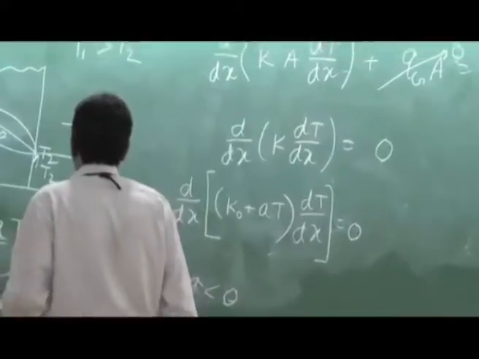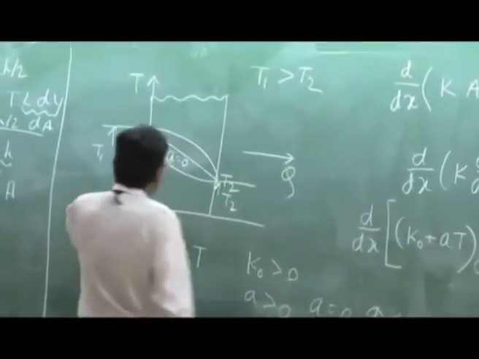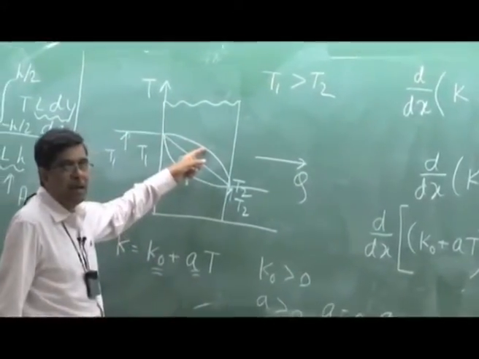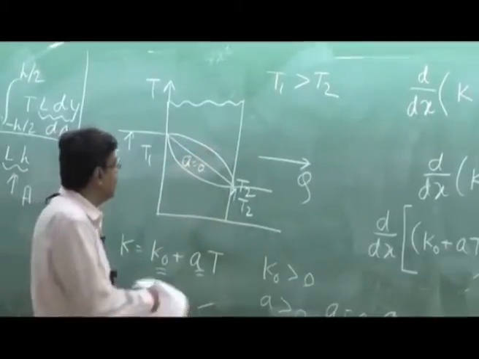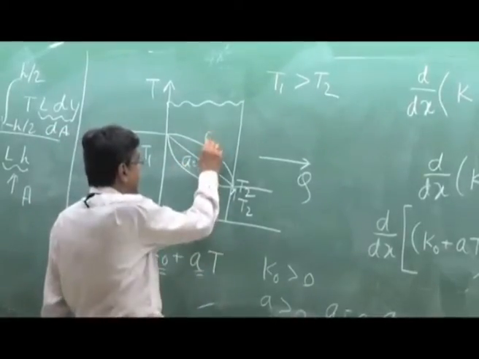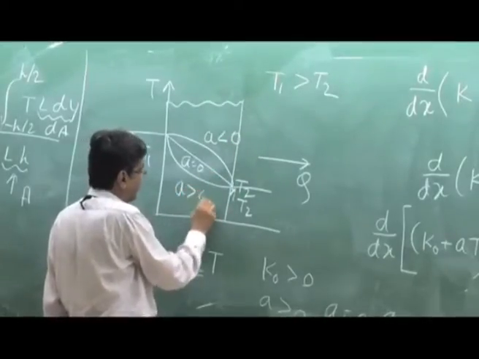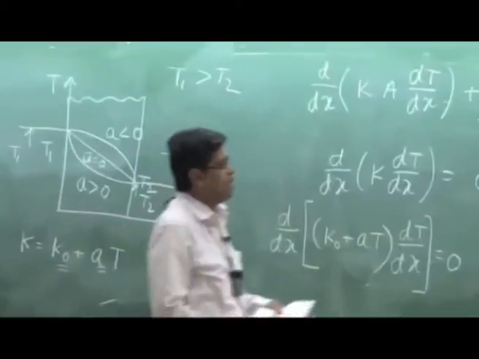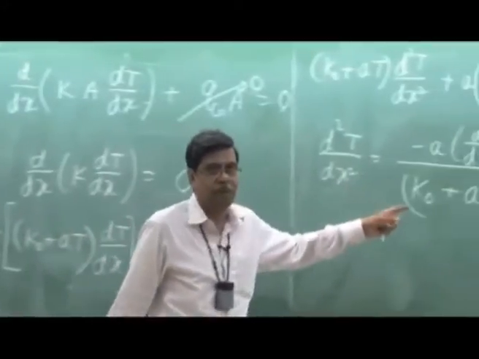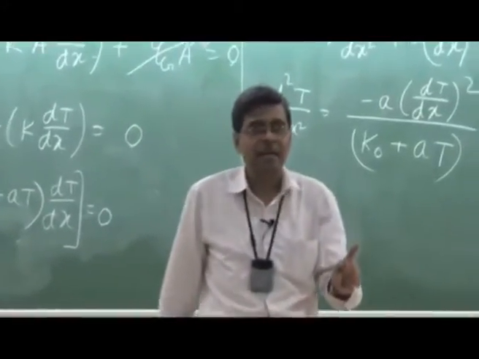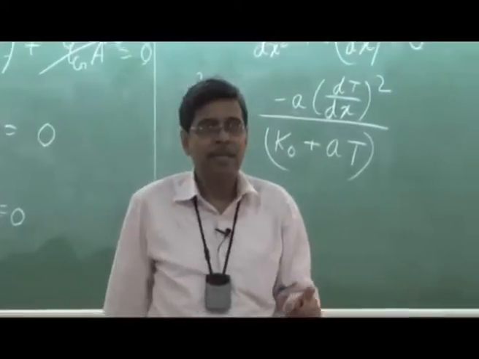Negative means d square T dx square is decreasing. That means this curve dT dx is decreasing, and this is for a greater than 0. When a is less than 0, d square T dx square positive means dT dx is increasing.